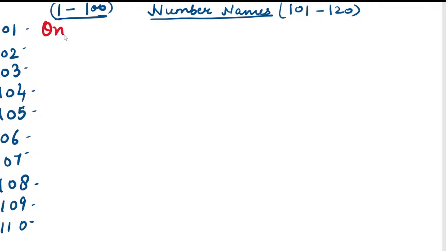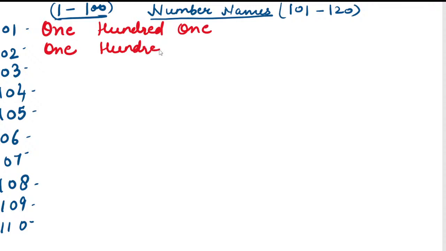So, ONE HUNDRED 100, 101, ONE. ONE HUNDRED 100, 2, TWO, 102. 103: ONE HUNDRED 100, 3, THREE.